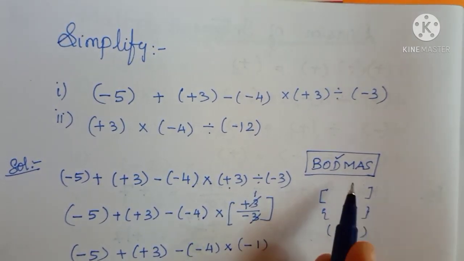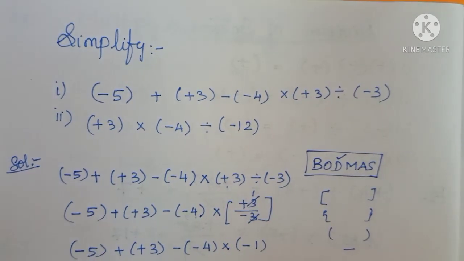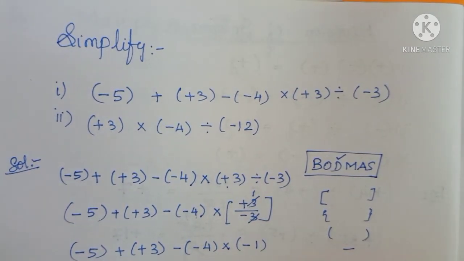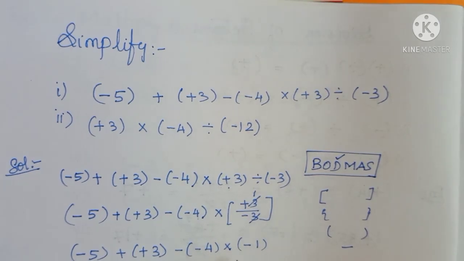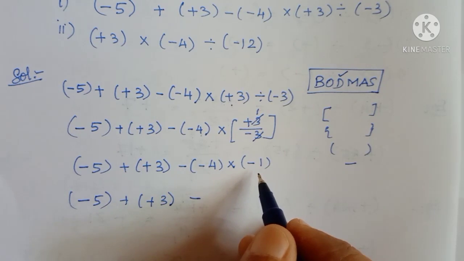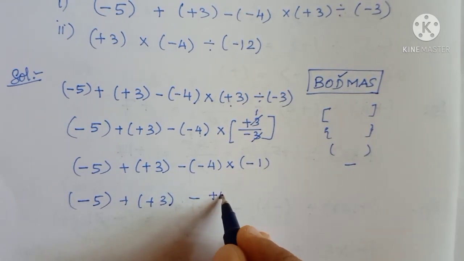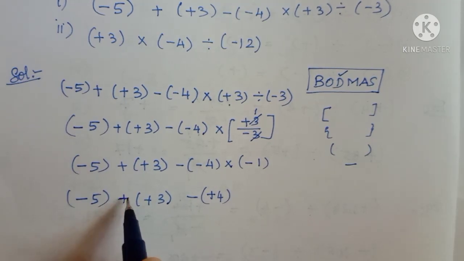Okay. Next we are going to take multiplication concept. Here these two having multiplication, no? So we can multiply these two numbers. So minus 5 plus of plus 3 minus into minus what? Plus 4 ones are 4. So plus 4. Okay. Now we are having only plus and minus symbol.